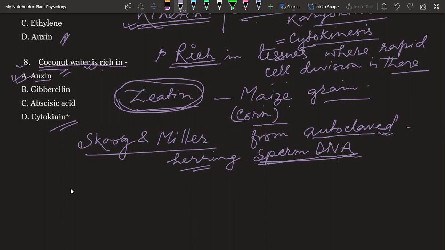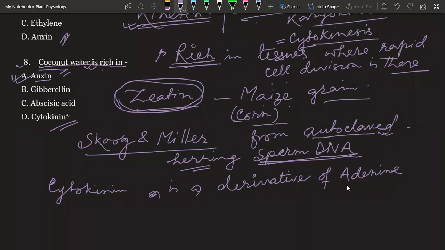Actually, this cytokinin is a derivative of purine, particularly adenine.